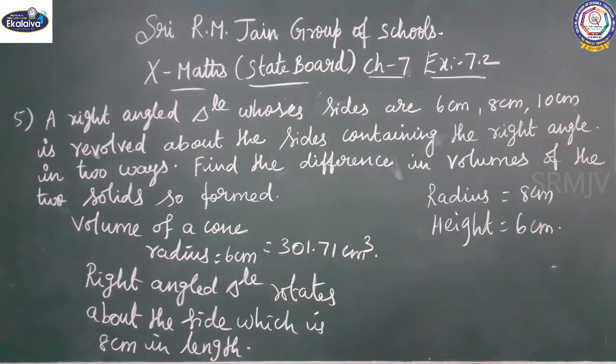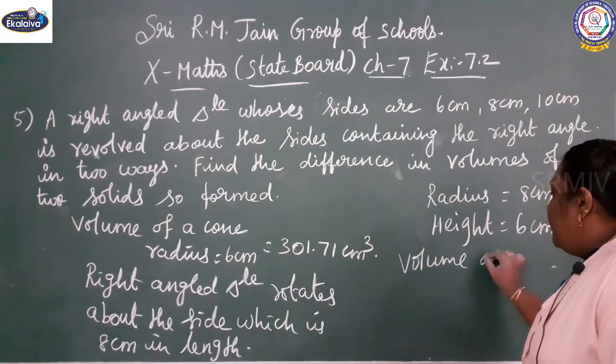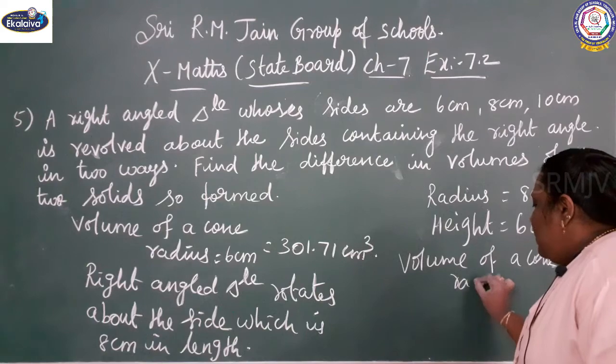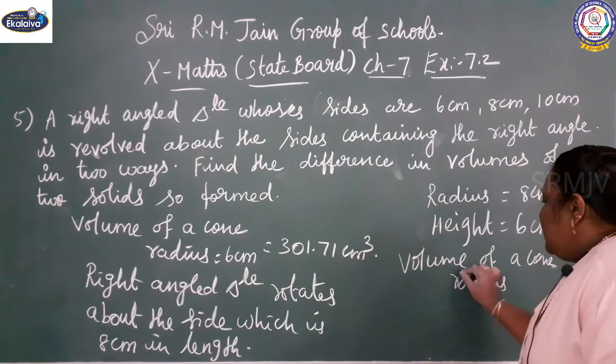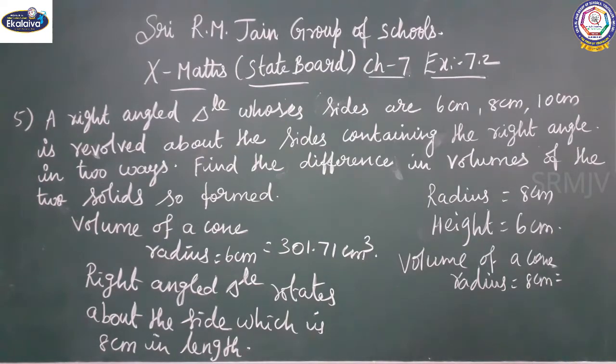So volume of a cone, radius equal to 8 centimeter. What is the formula? 1 by 3 pi r square h cubic units.